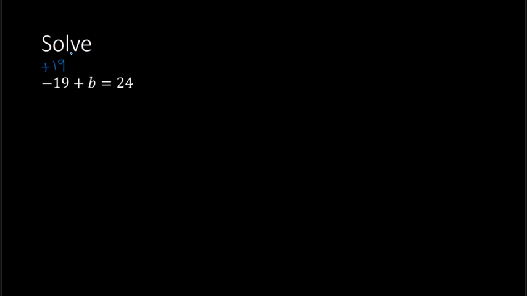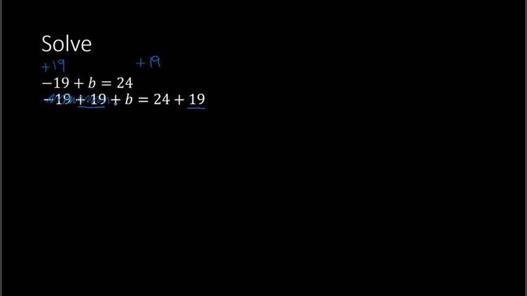So I'm going to add 19 to both sides. So when I do that, I have negative 19 plus 19 on this left side, and then 24 plus 19 on the right side. And notice when I add 19 with negative 19, that's going to cancel out. So that's why I chose the plus 19, because that cancels leaving me with 0.